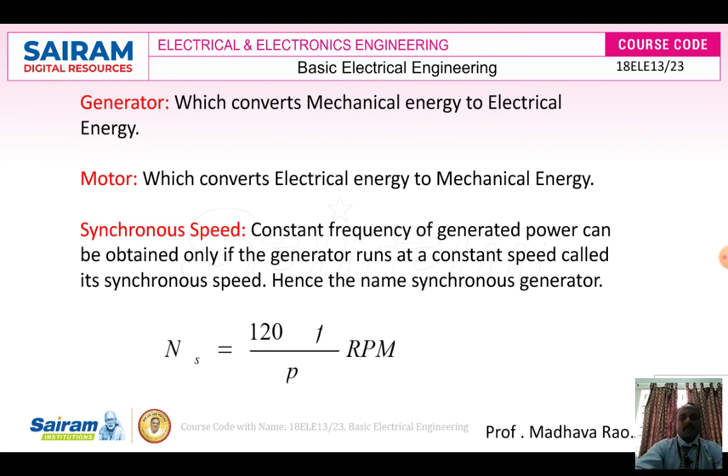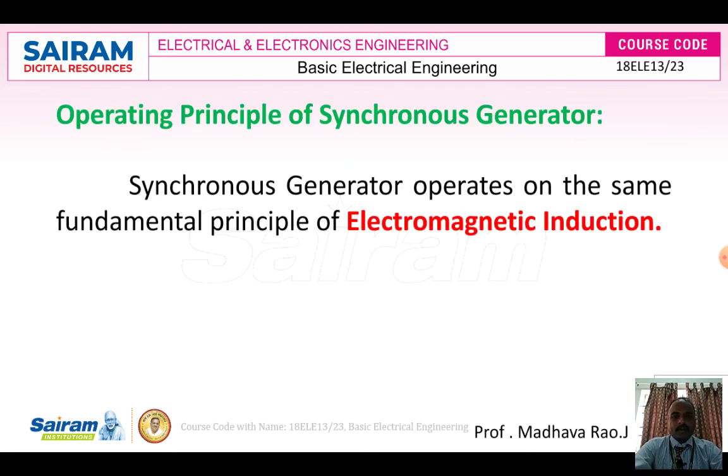Synchronous speed means constant speed, measured in revolutions per minute, RPM. The formula of synchronous speed is 120 f by P. And the operating principle of the synchronous generator is electromagnetic induction, its fundamental principle.